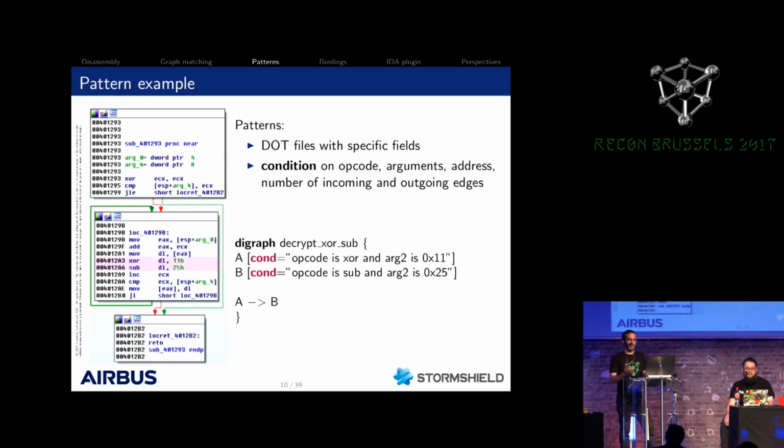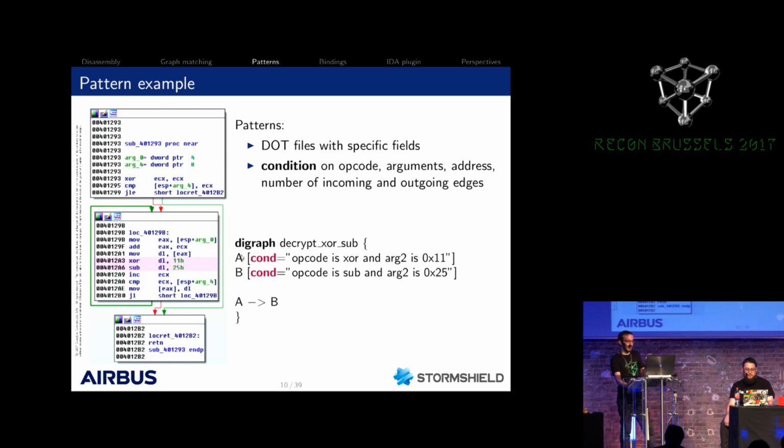And so we said that patterns are dot files with specific fields because we will use conditions on opcodes, on arguments of instructions, on the address of the instruction, and so on. So on the right here you have an example of a pattern for backspace that matches exactly the two instructions XOR and sub. So it's a dot file, it's a digraph, that's a dot keyword. Then we have the name of the pattern, so it's decrypt with the XOR and the sub.